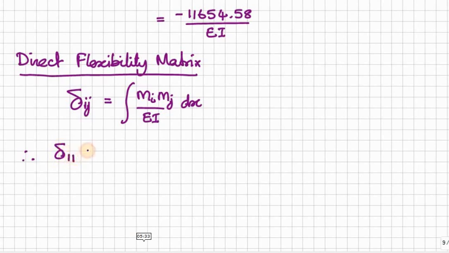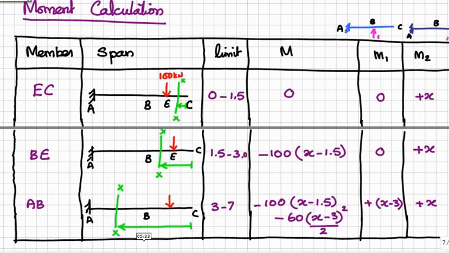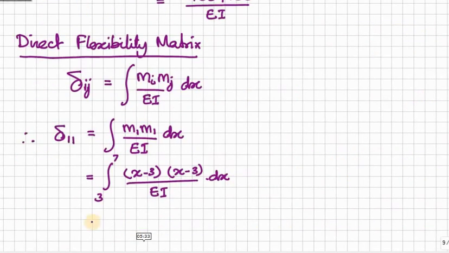Therefore, small delta 11 is equal to the integral of small m1 small m1 divided by EI into dx. So we have to substitute here the non-zero m1 values, that is only for the AB member.